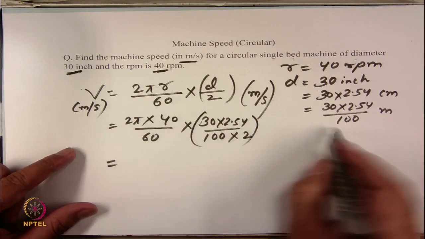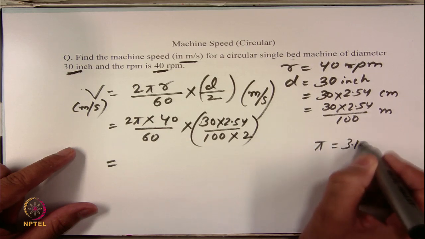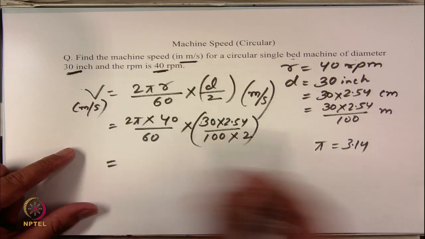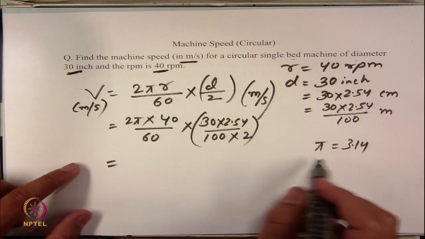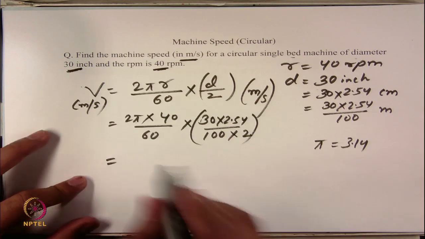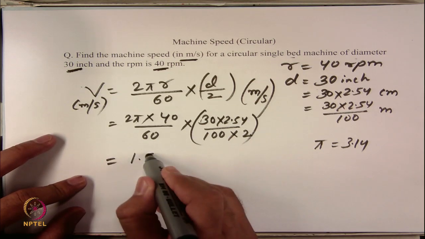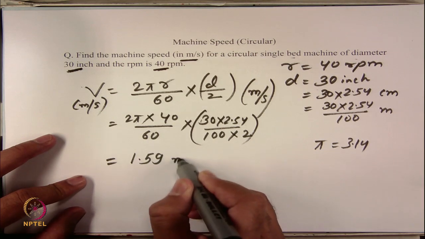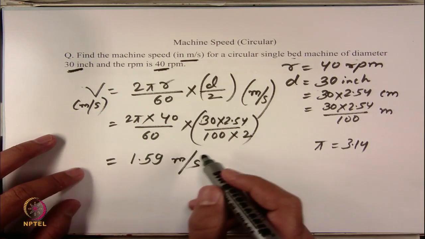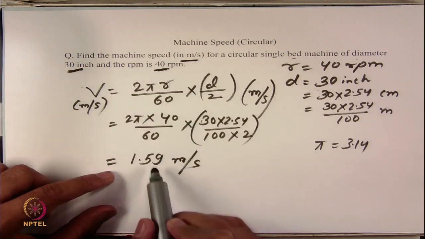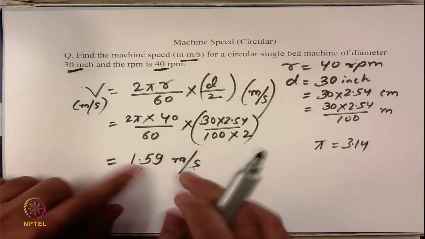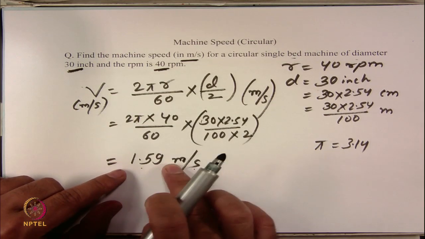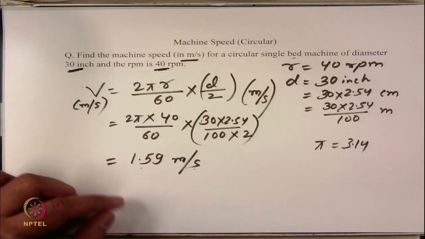Once you solve this, pi is equals to 3.14, you will get 1.59 meter per second. So, in 1 second it is travelling 1.59 meter on the machine.